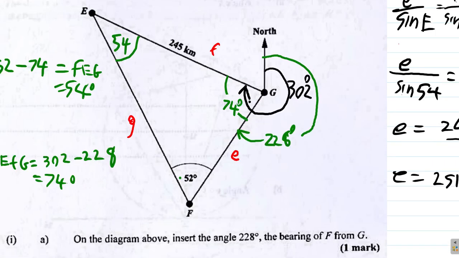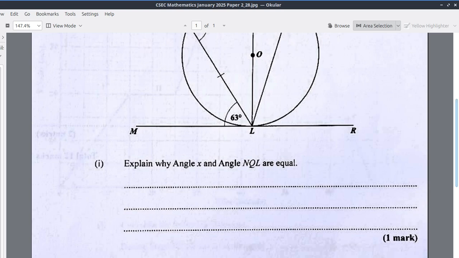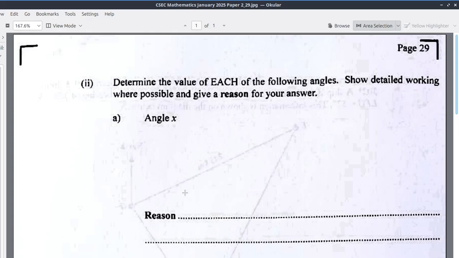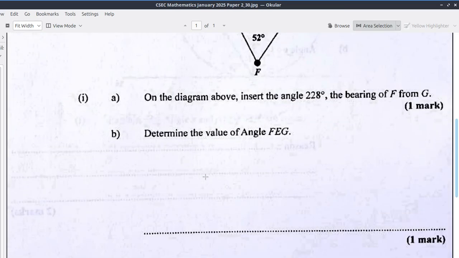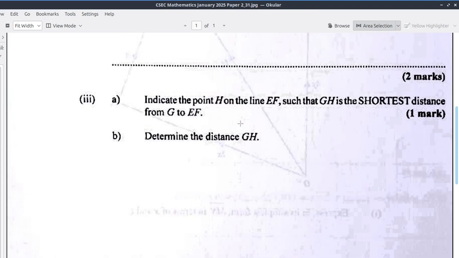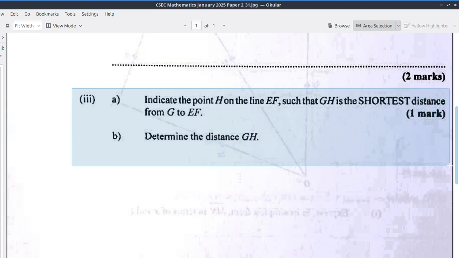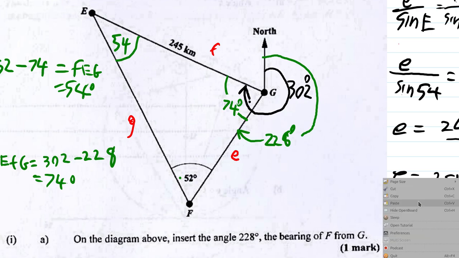Now, where were we? We passed that stage already. Okay, good. The angle, then the distance. After that, let's indicate the point H on the line EF such that GH is the shortest distance. Let me just copy and paste it over here.